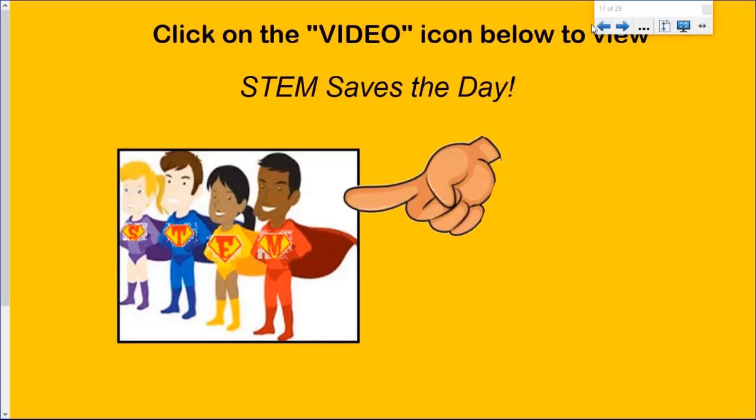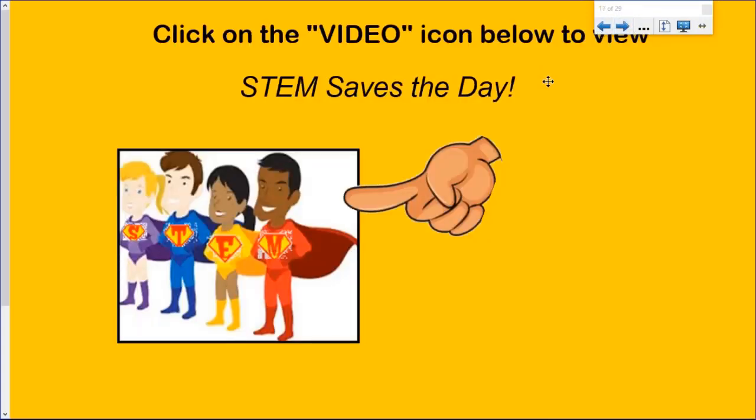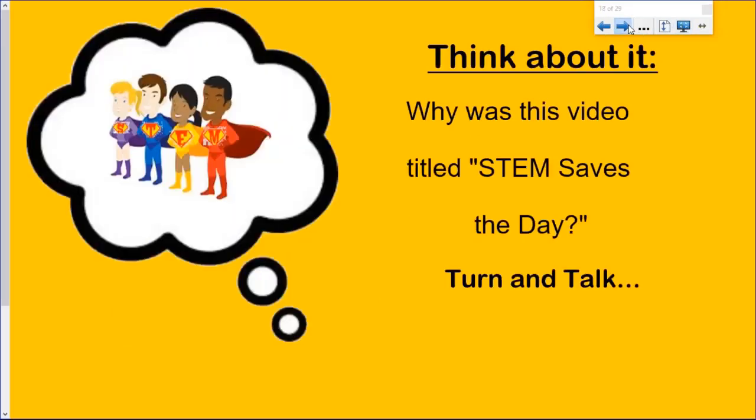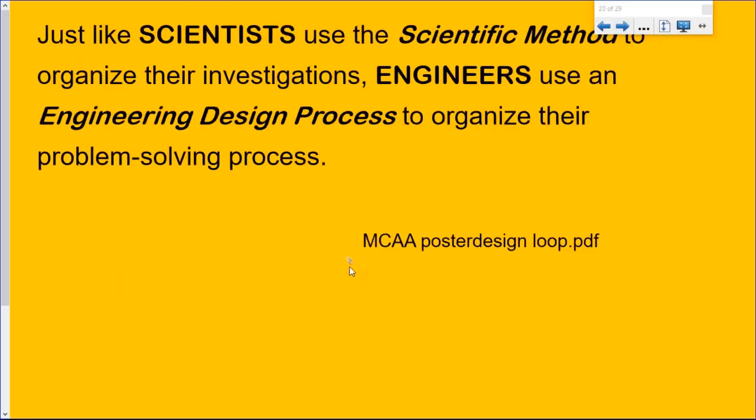It goes through the different things that an engineer and a scientist may see and how they're similar and how they're different. And then we go into a video about STEM saving the day, and it leads into our design process.